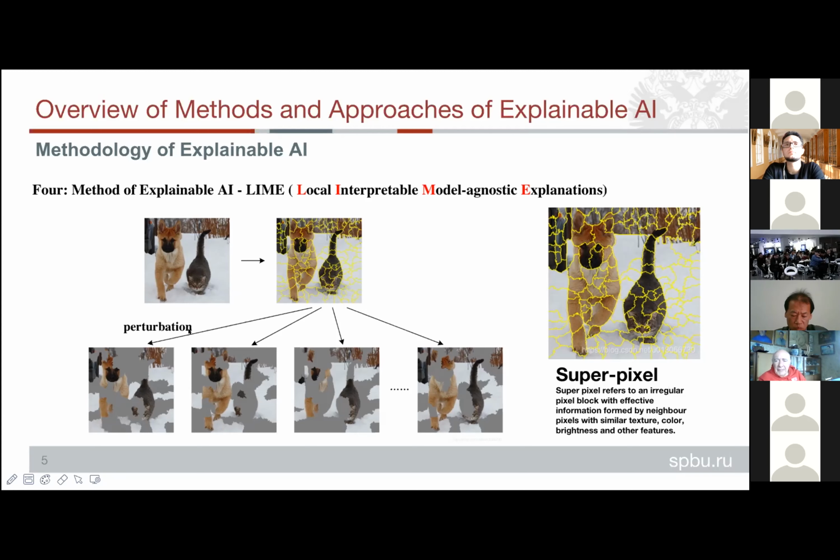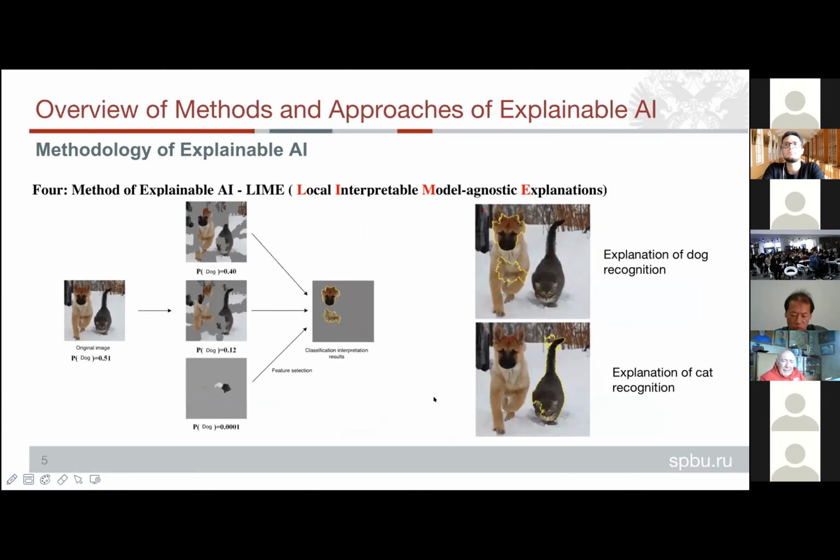After that, we give some perturbation to the picture. In other words, we randomly remove some superpixel parts, and then there are many situations. We calculate the probability of each situation and weight them.